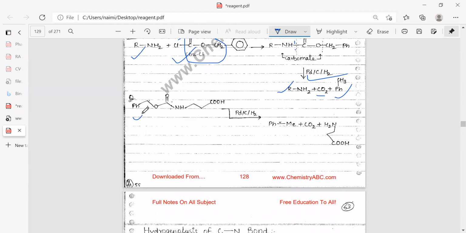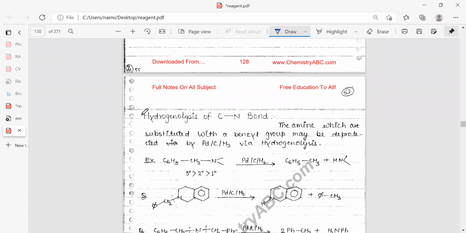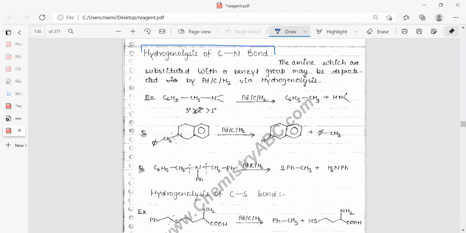If you see this one, a similar process takes place: one molecule of toluene forms, one molecule of CO2 will be released, and it forms this NH2. Similarly, hydrogenolysis of the CN bond. How does it take place?